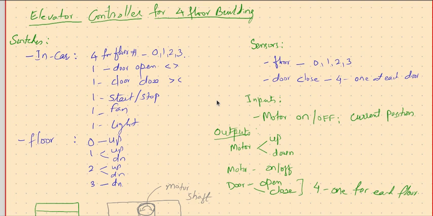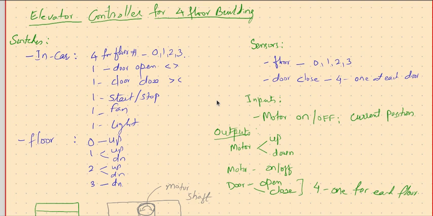So wherever you are, just decide where you want to go, up or down, then press the up button or down button accordingly, and when the elevator is moving in that direction and comes to your floor, it will stop, open the door, allow you in, and close the door.